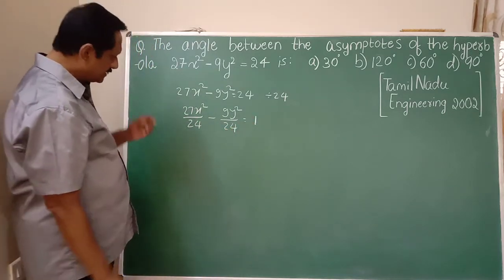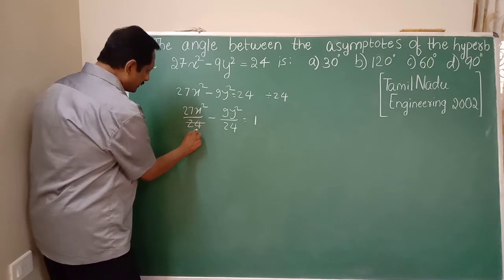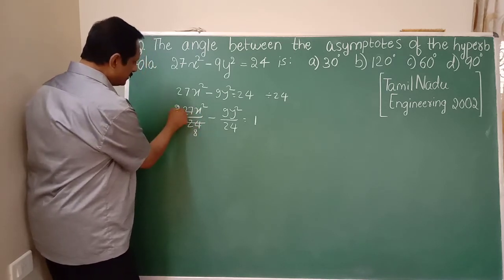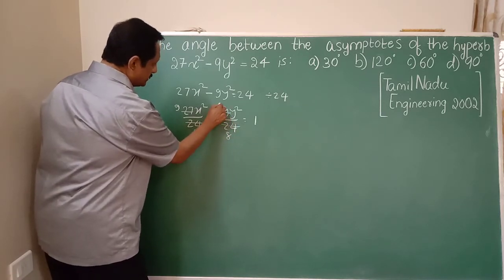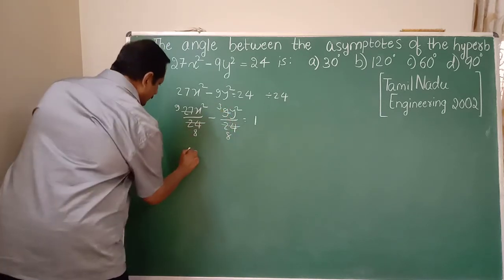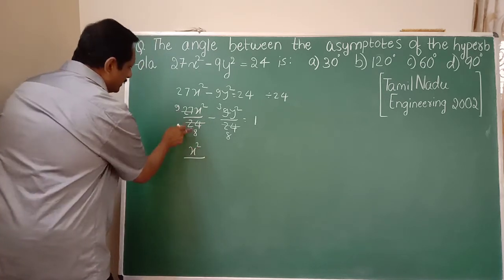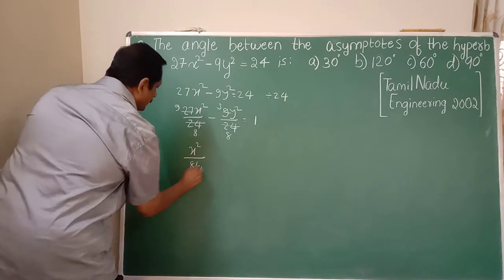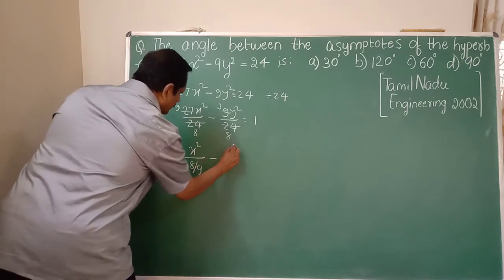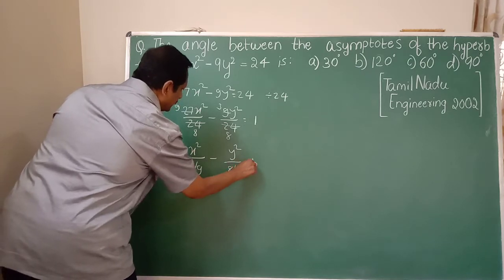Then you can cancel: 3 eights are 24, 3 nines are 27, and 3 threes cancel. So x square divided by 8 by 9, minus y square divided by 8 by 3, is equal to 1.